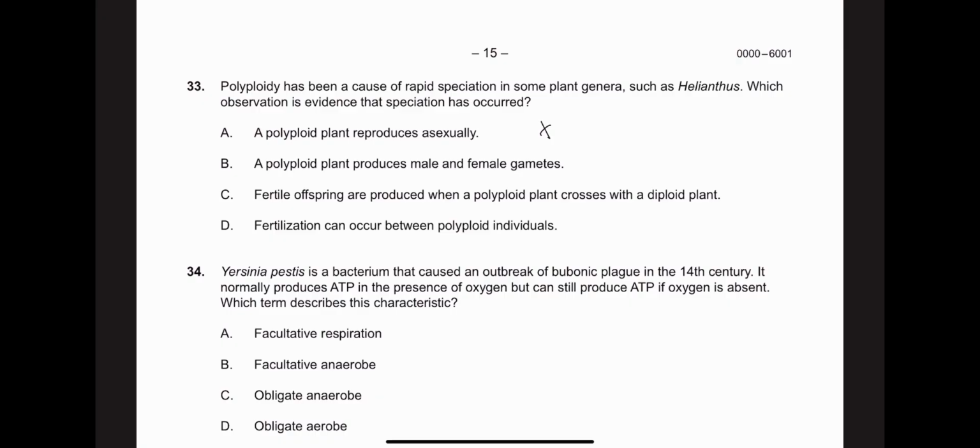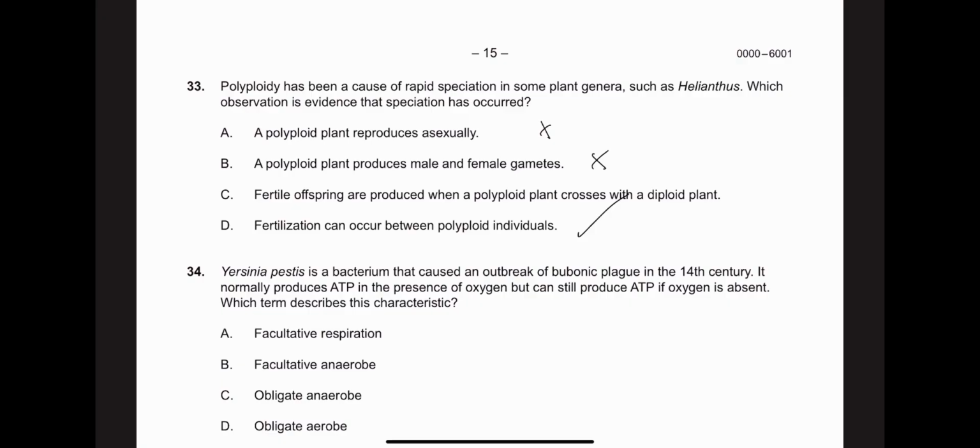Which is evidence that speciation occurs? Okay, that's not evidence that speciation has occurred. Neither of these are evidence that speciation has occurred. Fertile offspring are produced when a polyploid plant crosses with a diploid plant. Okay. Fertilization can occur between polyploid individuals. There, that's the one.